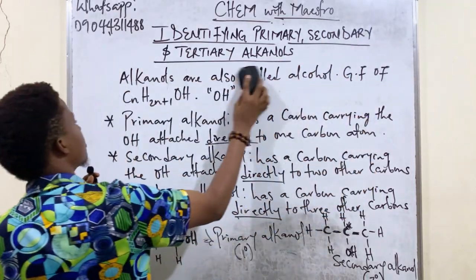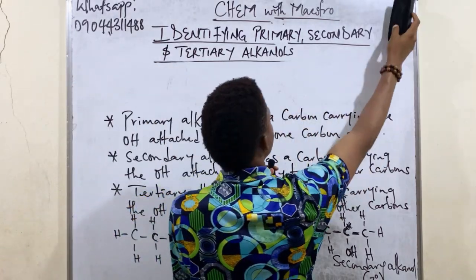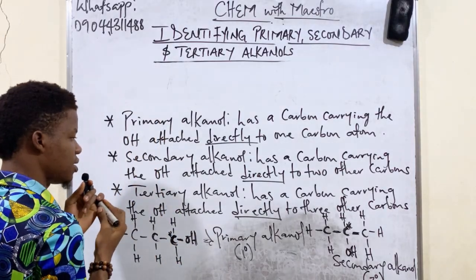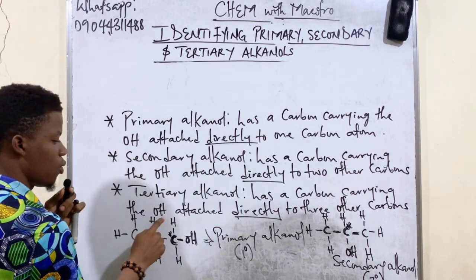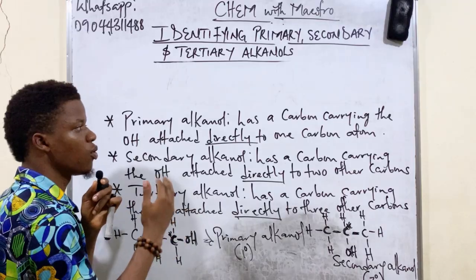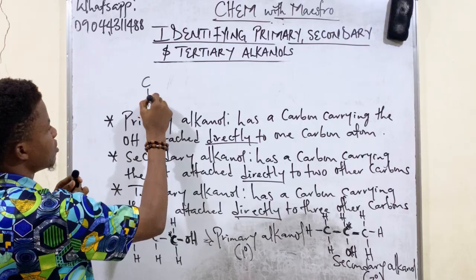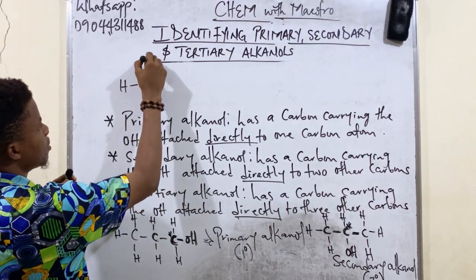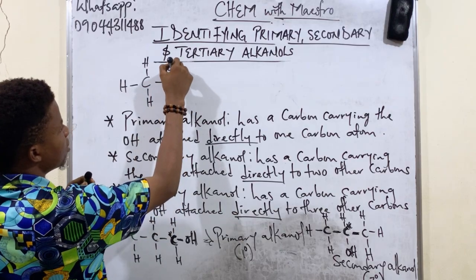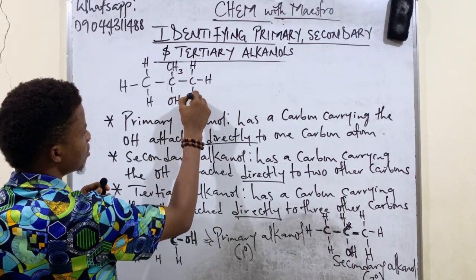Then lastly, for tertiary. Now in tertiary, you have 3. Look at it. It has a carbon carrying the OH attached directly to 3 other carbons. Let's say we have this: H, H, H, then COH, CH3, CH3.